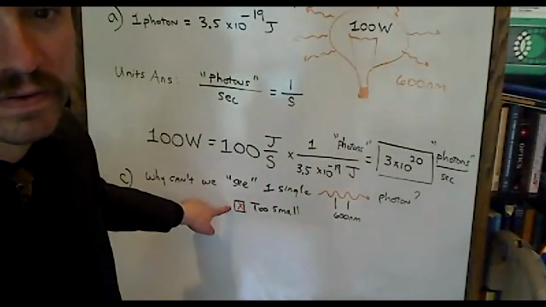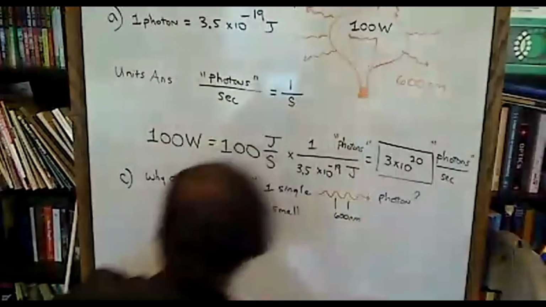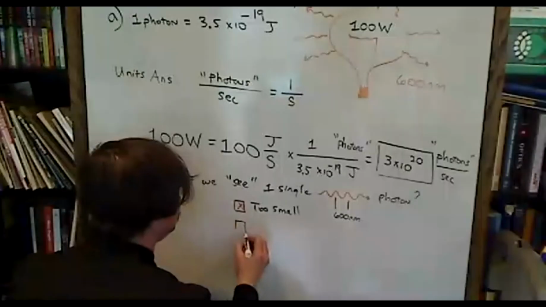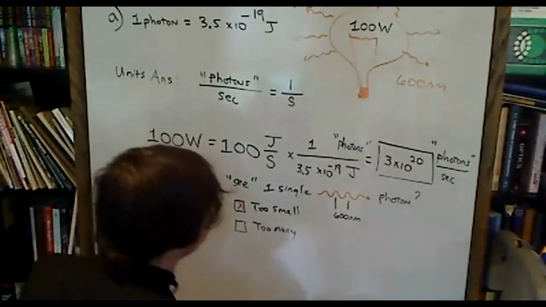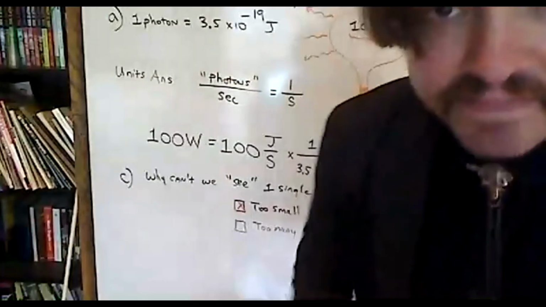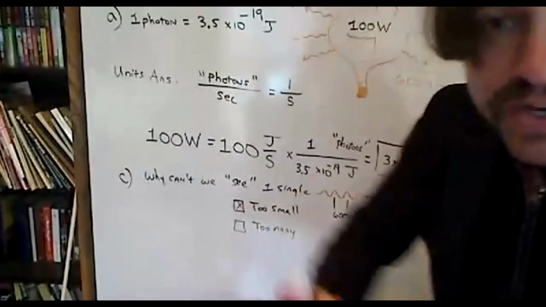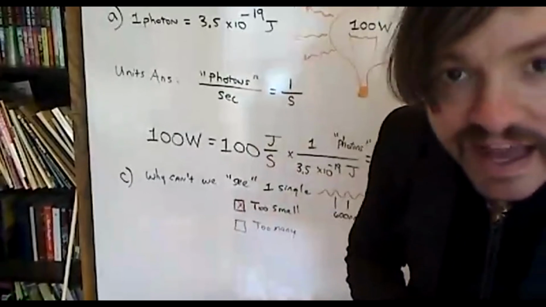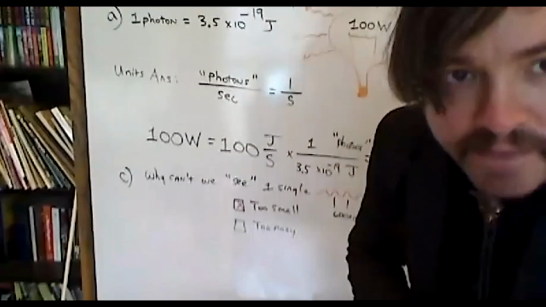Would it be because there are just so many photons? Okay, let's take that as another possibility. Could it be that there are too many photons? Here's my issue with too many. There are too many minutes in the day, or not enough, I guess. There are too many stars in the nighttime sky. There are too many grains of sand at the beach.